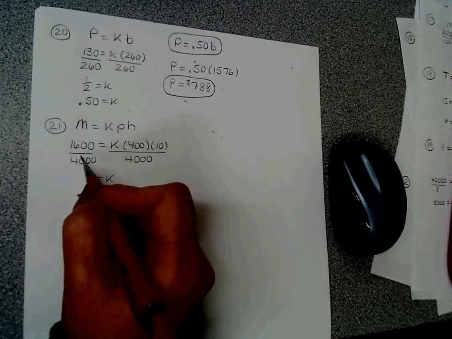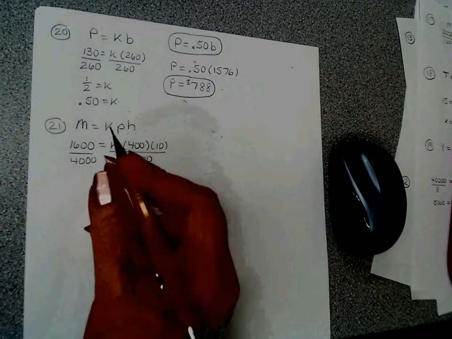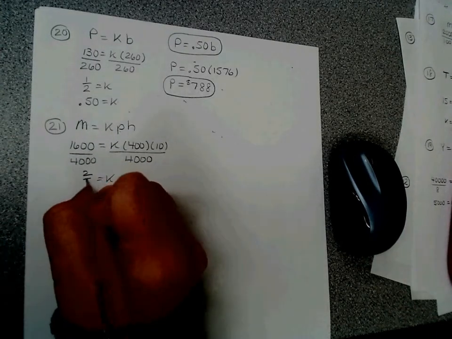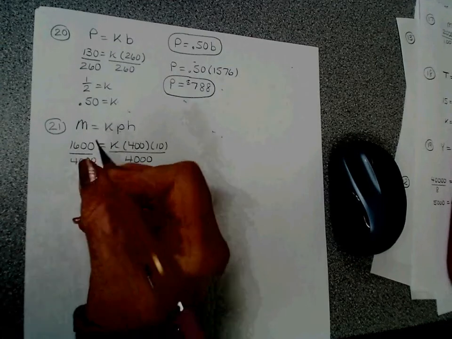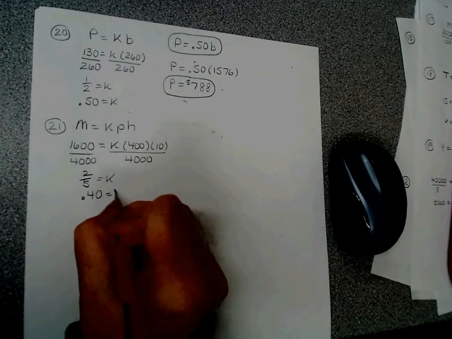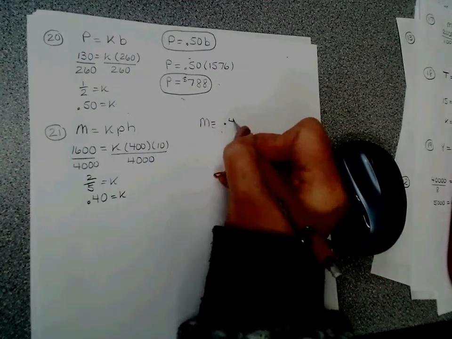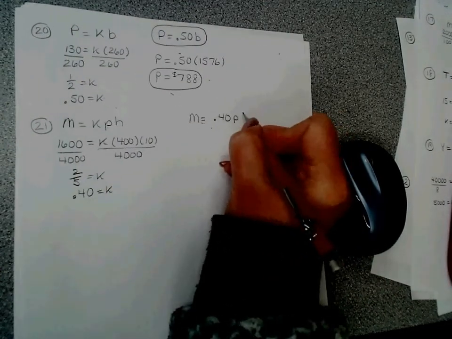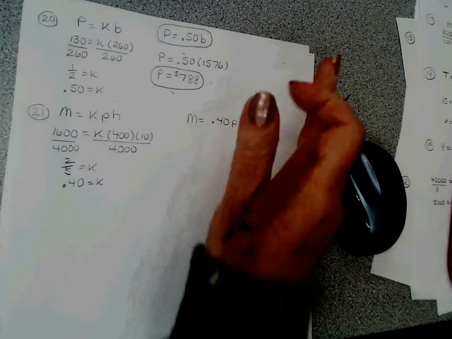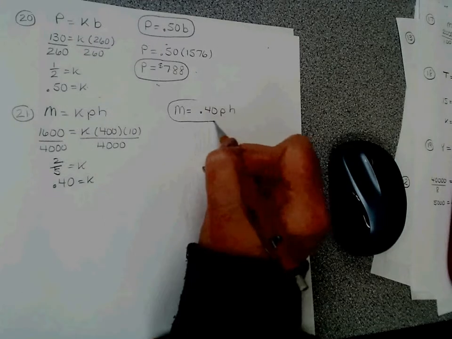That'll reduce to 16 over 40, which will reduce to 2/5. And because I'm talking money, I'm going to turn that into a decimal. 2/5 as a decimal is 40 cents. Okay? So money equals 40 cents times people times hours. Okay? So there's my equation.